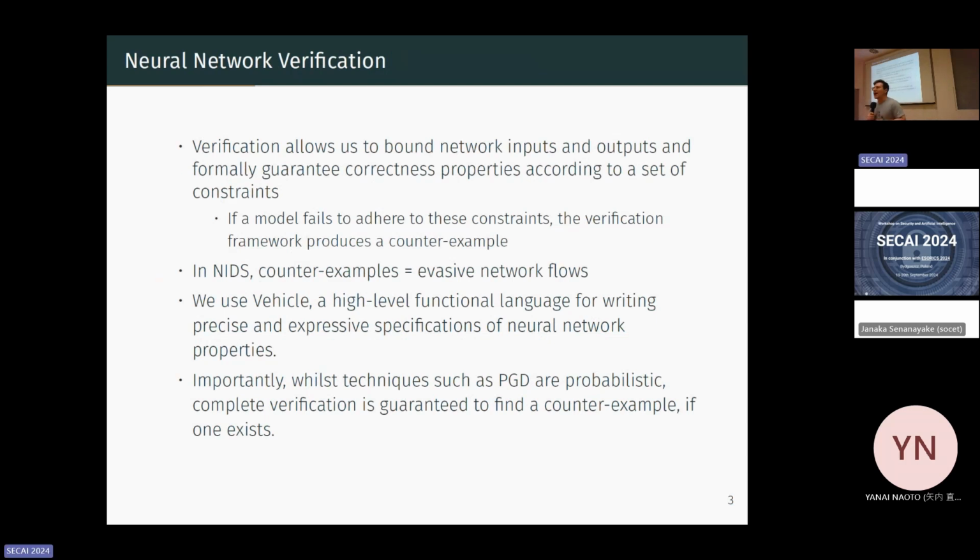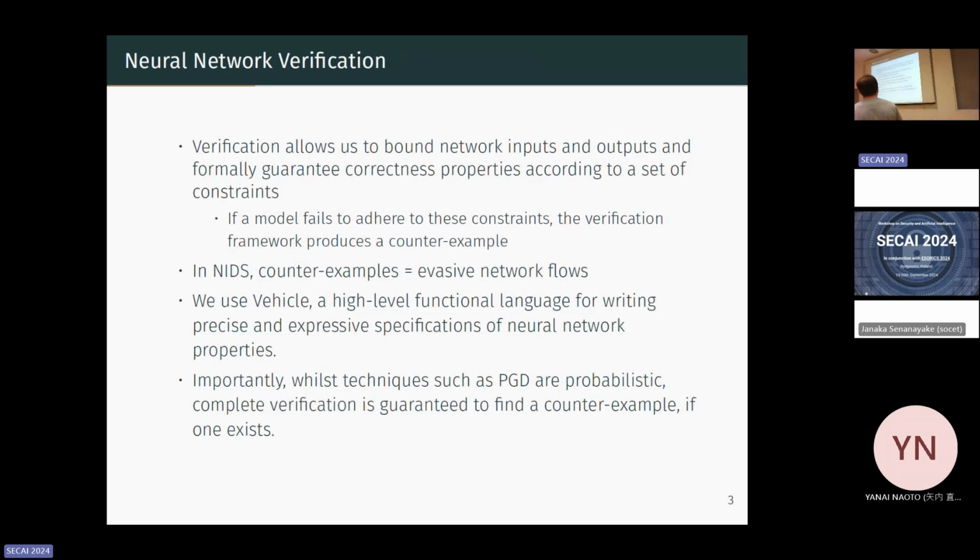So we wanted to overcome this gap, and to do this we didn't want to write our own specification language. Instead we turned to neural network verification. Verification is a set of techniques that formally guarantee network behavior.